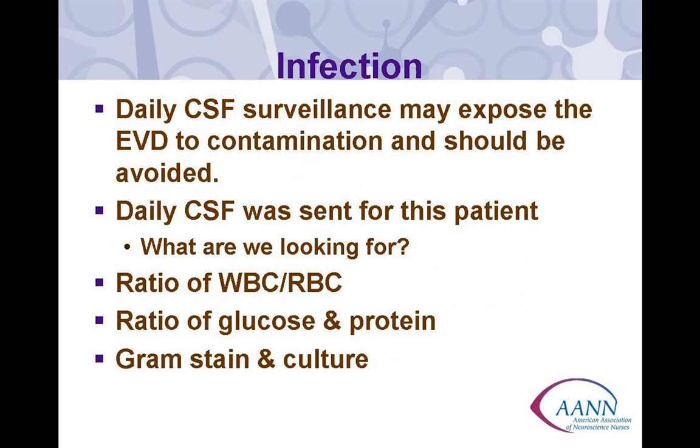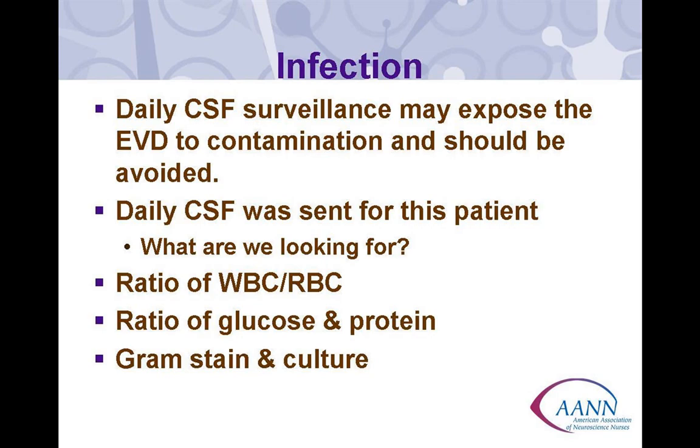So what are we looking for when we are looking at CSF labs? Well, we want to know the ratio of the white blood cells to the red blood cells, and the lower those numbers are, the lower amount of bacteria are left in the CSF. We also look at the ratio of glucose to protein. When you have a really high protein and a really low glucose, the likelihood of bacterial meningitis is still present.